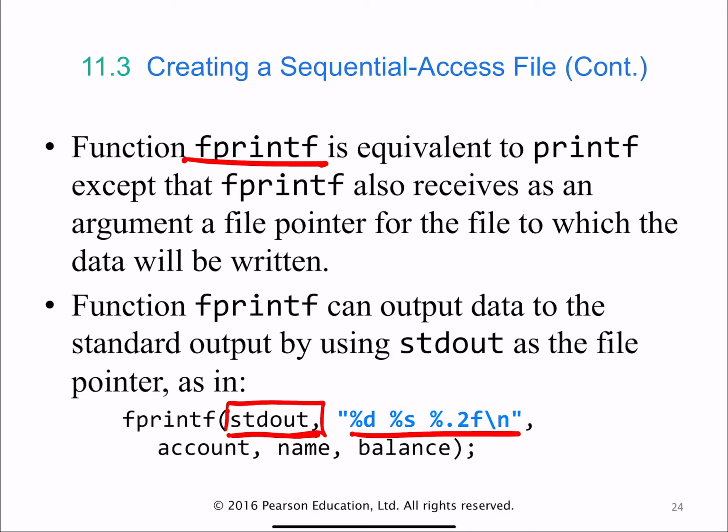Now you could also use the fprintf function to print your output to your standard output, which is usually the screen, by simply replacing the file pointer over here with stdout.